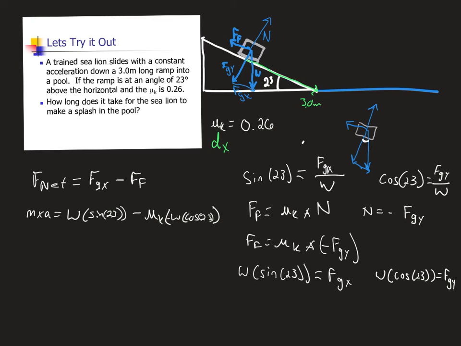Weight is what? Weight is equal to mass times gravity. Okay, and so we could factor out a weight, but we're still going to have gravity. Well, let's just factor out weight. So let's go weight times sine 23 minus mu sub k times the negative cosine 23.